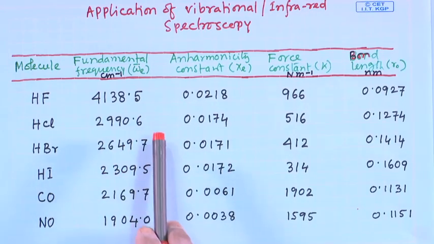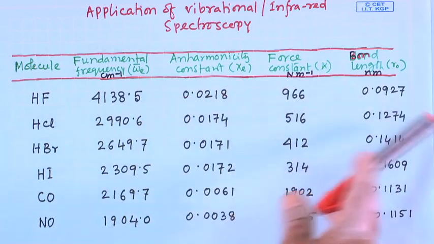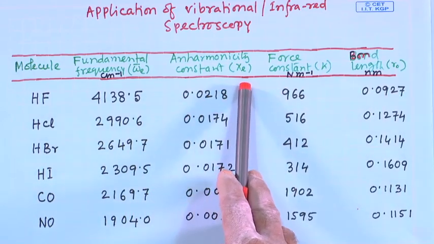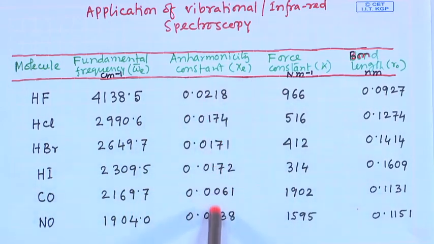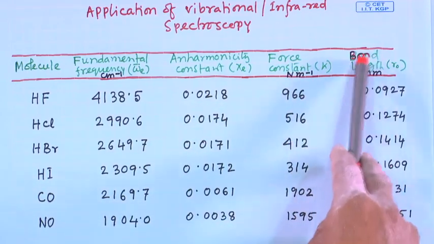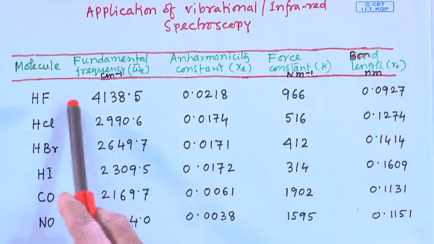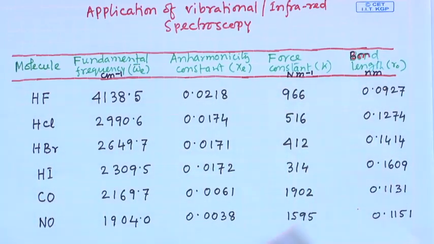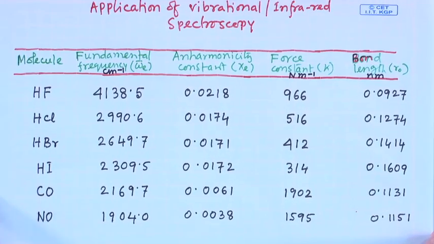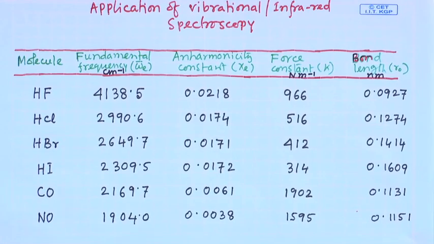How to calculate the anharmonicity constant, I have shown. So, these are the values of the anharmonicity constant of different molecules. Then from their force constants one can calculate the bond length, so these are the bond lengths for different molecules. I have shown some data available in the literature. This is the utility.